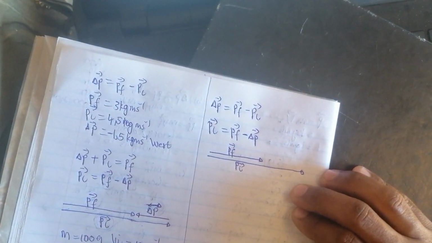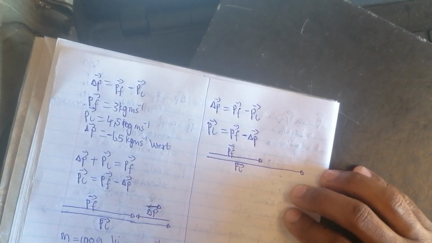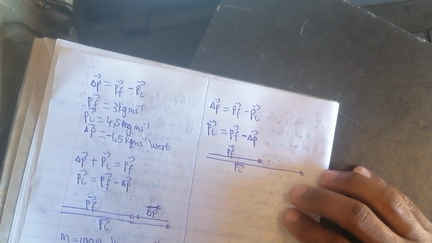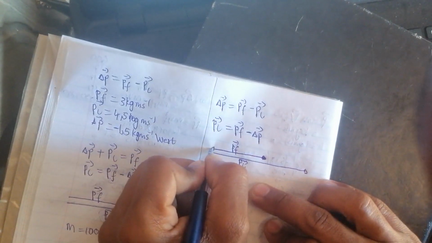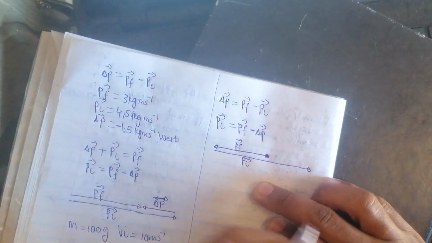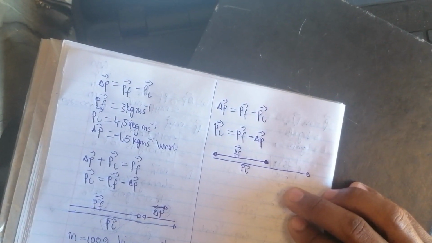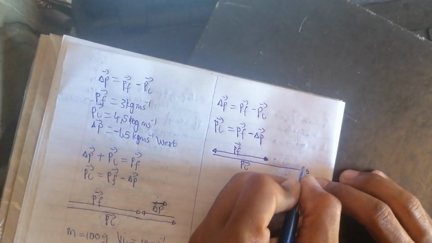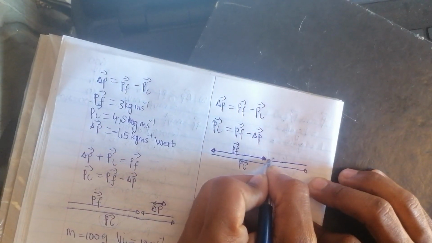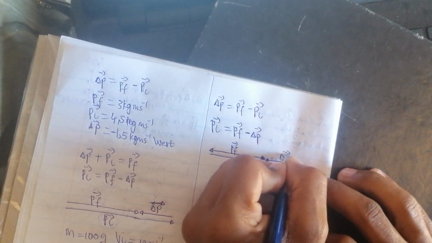And then remember, it is negative. I am sorry for that. It is negative, therefore the arrowhead has to be in this direction. I'm very sorry. And then we have the change. The change is also negative. It will also point in that direction, which would be the change.